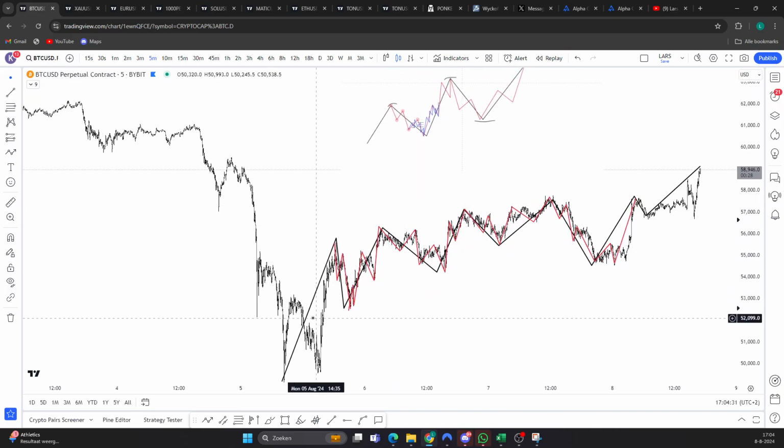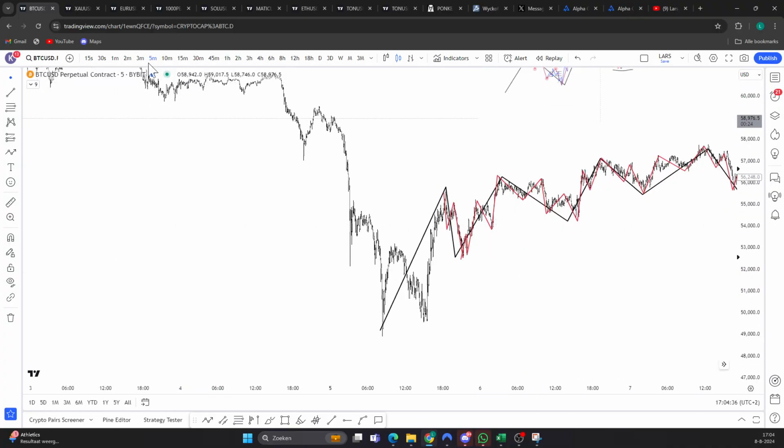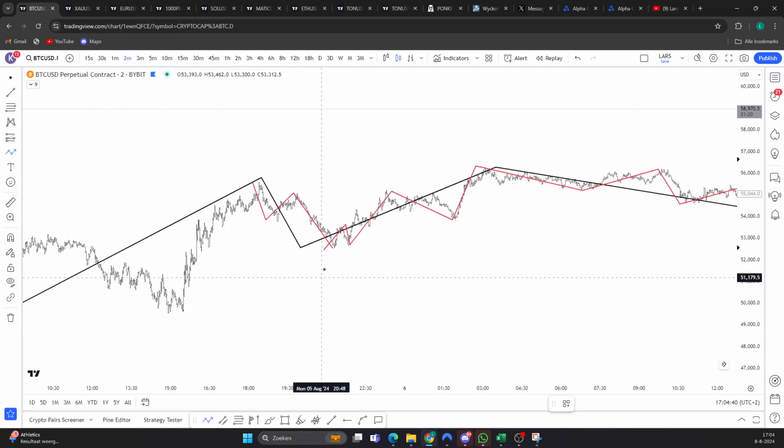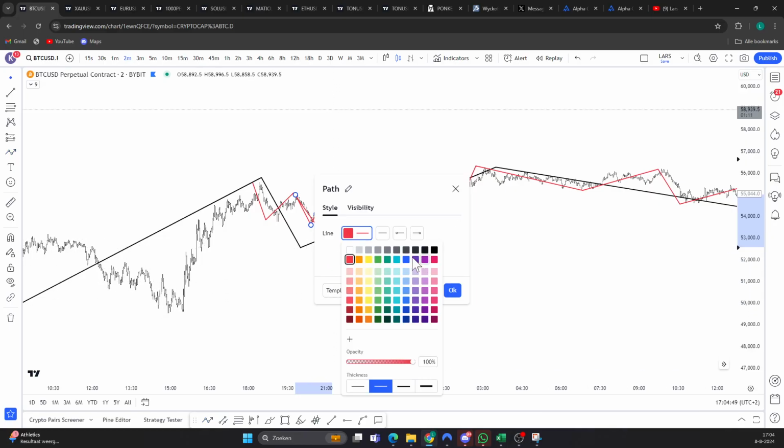Now on the 5 minute, our black structure can be divided into our red structure. And now on even a lower time frame, our red structure can be divided into our blue structure, where this little move down has also Wyckoff, right? Let's make it blue. Boom.